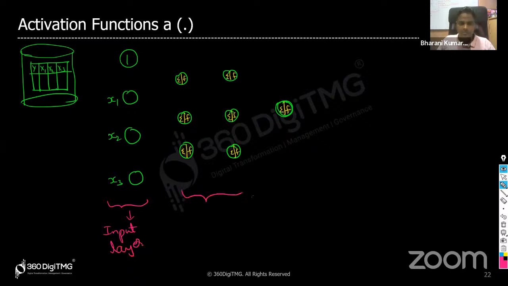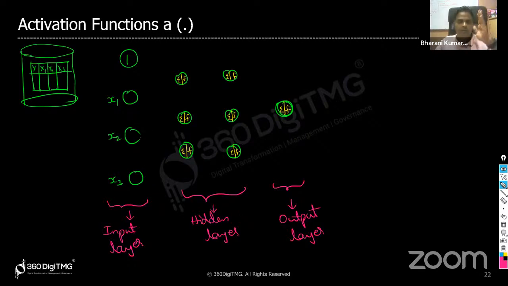These are your hidden layers. And this is your output layer. The number of neurons in your input layer will always be fixed. Those will be equivalent to the number of inputs that you have. If you have 3 inputs, you'll have 3 neurons plus 1 bias.